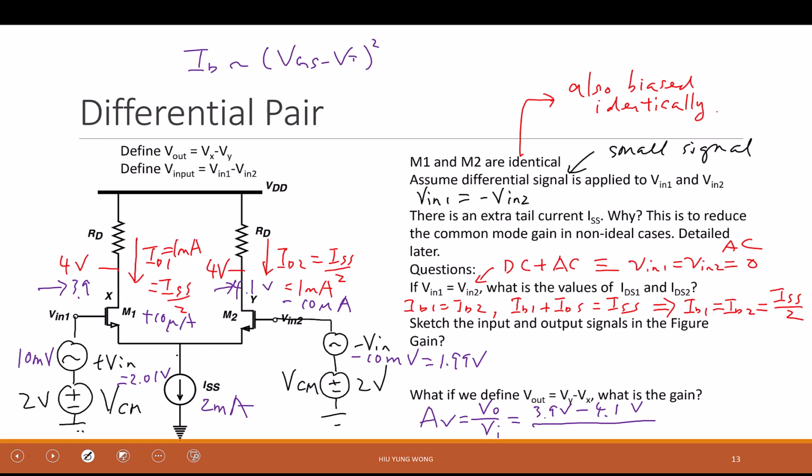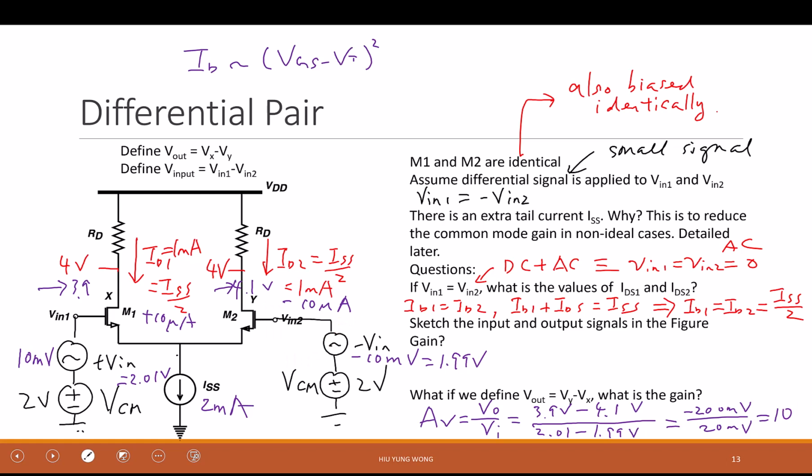Or you can say 10 millivolt minus negative 10 millivolts, or some of you want to say it is 2.01 volts minus 1.99 volts, right? You are saying the same thing, right? So the gain is negative 200 millivolt divided by 20 millivolt, which is equal to negative 10. Okay, so I use this as a scenario.